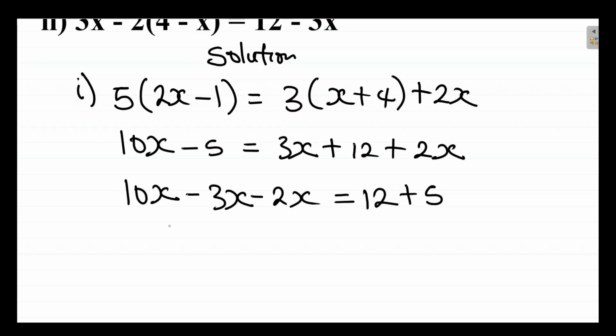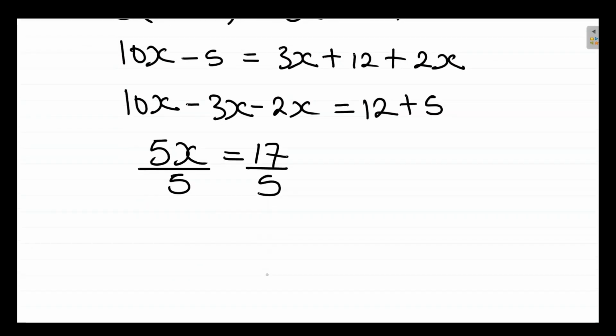So from here, we have that 10x minus 3x is equal to 7x, and 7x minus 2x is equal to 5x, equal to 12 plus 5, which gives us 17. So to obtain the value of x, we divide both sides of the equation by the coefficient of x, which is equal to 5.